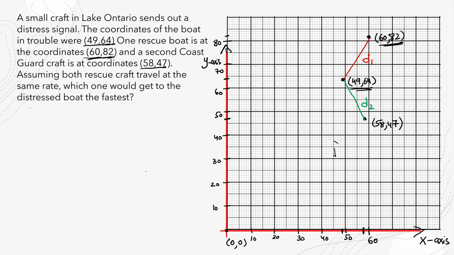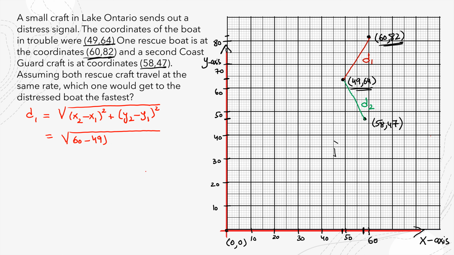So let's use the distance formula. d1 is equal to the square root of (x2 minus x1) squared plus (y2 minus y1) squared. These are the x coordinates and the y coordinates of the two points. So x2 is given as 60 minus 49, and y2 is 82 minus 64.